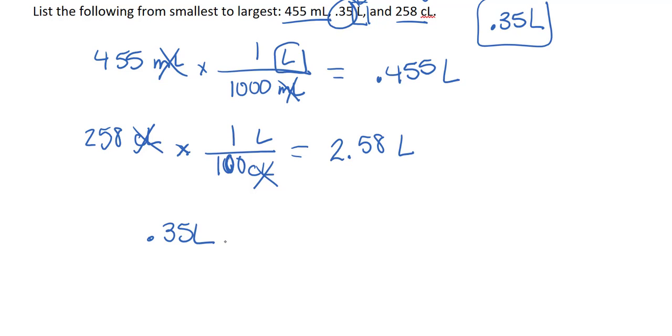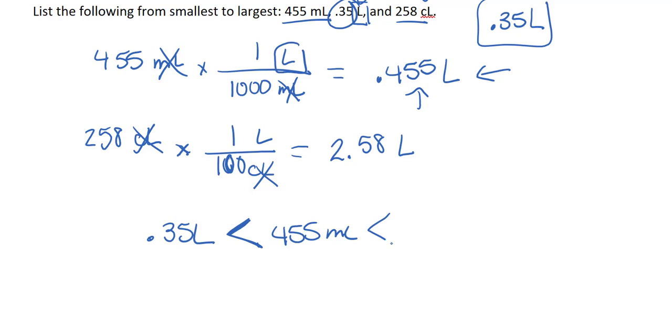We're going to start with the smallest and use this caret. When the caret, as I call these, points to the left like that, it means this is smaller than whatever is coming after it, what's to the right of it. Then the next one would be the 455 milliliters, or you can type in the 0.455 liters.